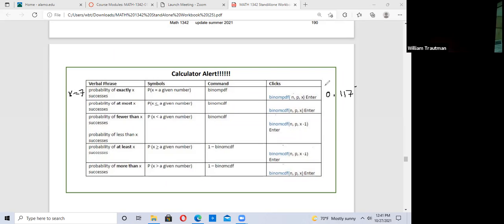If I round it to 3 decimal places, I don't know what they want, they might want 4 decimal places. You'll see in the homework what they want. I'm going to do 3 decimal places for now. That's 3 decimal places. All right, so the next one.